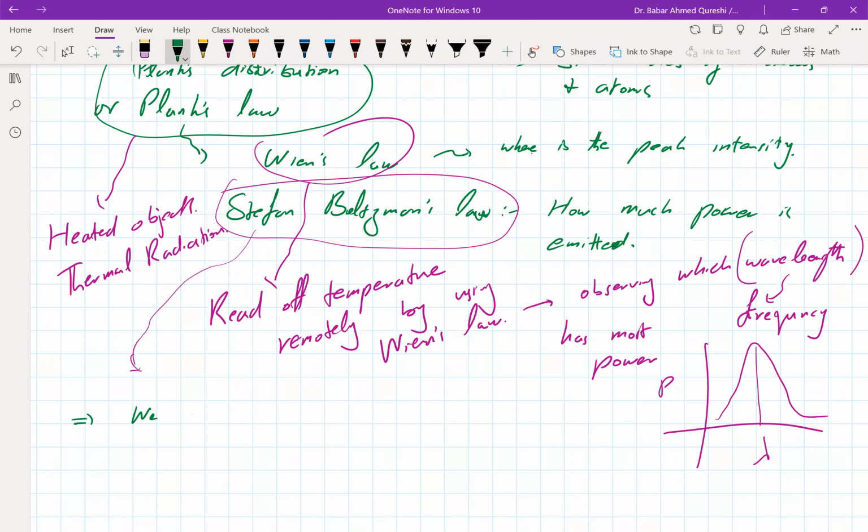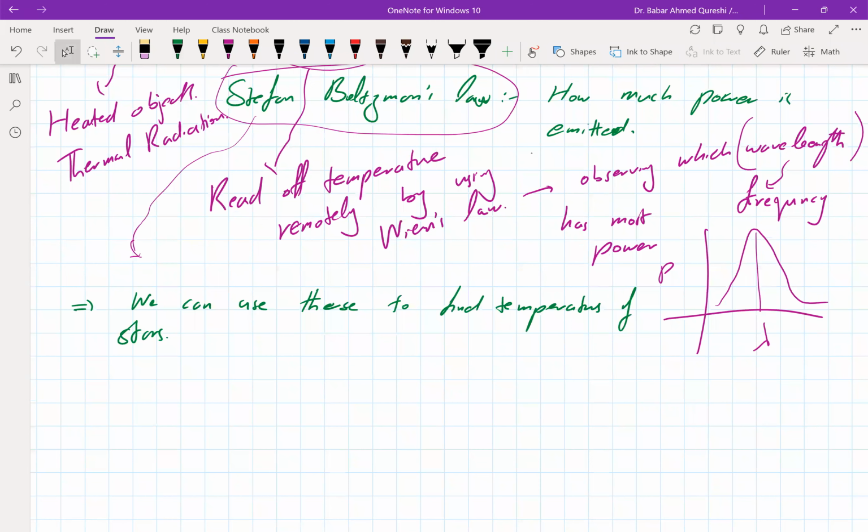So we can use these to find temperatures of stars, and knowing the distance, also the size of the star.